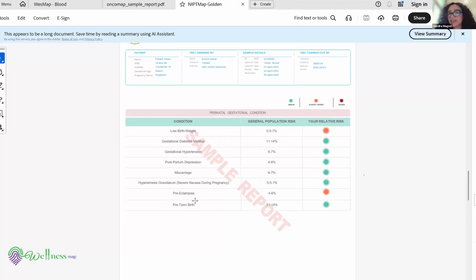We see preeclampsia, and it is very important for the patient to understand whether she has the risk for such a disease or not, because if it's actually ignored and we do not take care of it, the patient could reach the eclampsia stage, which causes a lot of issues during pregnancy. Then we have the preterm birth, and that means delivering before the due date by a long time. So that risk is 11 to 14%.